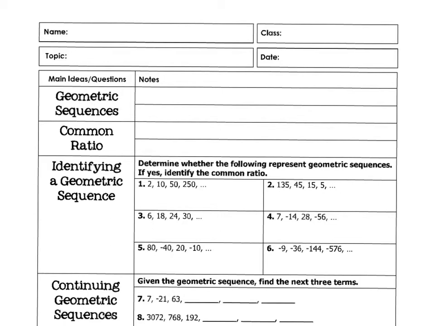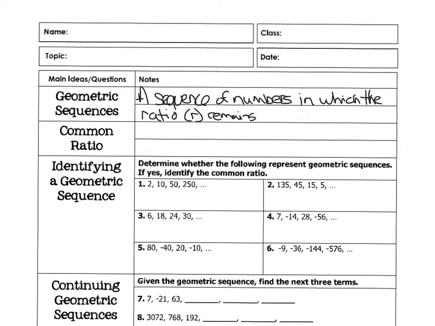A geometric sequence is a sequence of numbers in which the ratio, which we refer to as R, remains constant, which is the same definition when you're defining a type of function from a table.